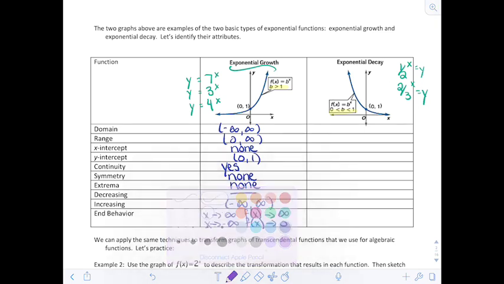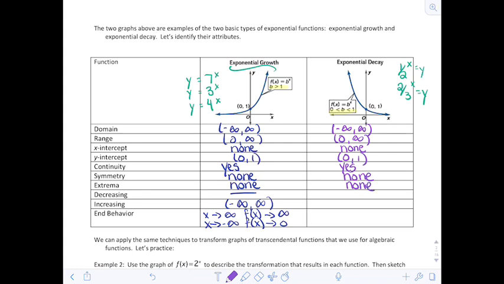Okay, and then we're going to look at exponential decay. Once again, the domain is negative infinity to infinity. The range is 0 to infinity. There is no x-intercept. The y-intercept is 0, 1. Yes, it's continuous. No, it doesn't have symmetry. No, it does not have extrema.